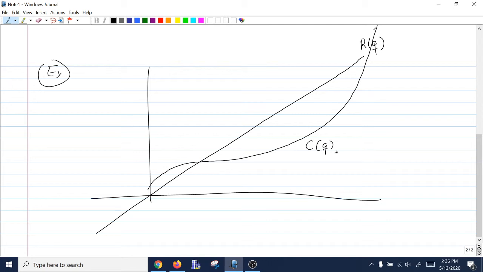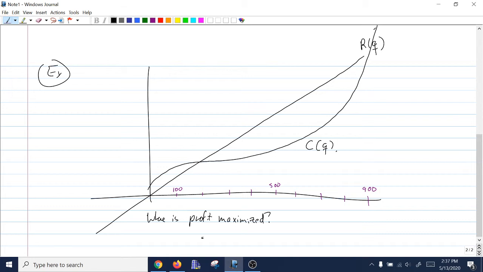And I want to be able to look at this graph and say, where is profit maximized? Let's add some tick marks down here. Let's call this 100, 200, 300, 400, 500, 600, 700, 800, 900.